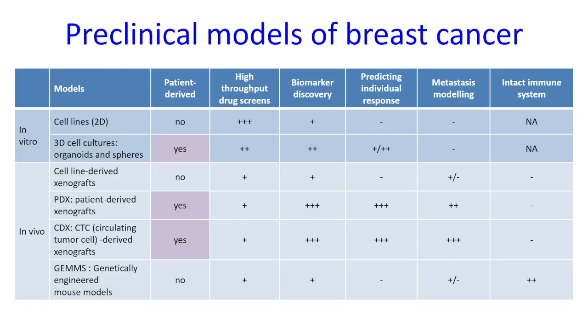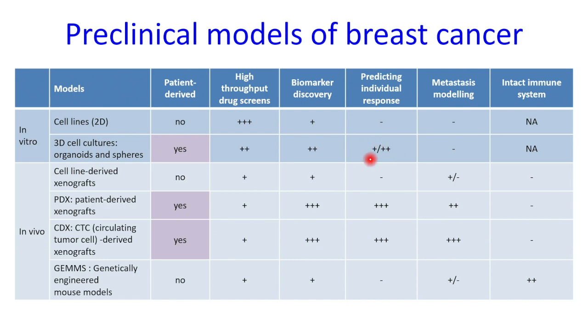This slide here, courtesy of Elisabetta Marangoni, summarizes some of the differences between using in vitro models and in vivo models, both cell lines and patient-derived models, but also the differences between 2D and 3D. You can see in particular, in vitro, you can do high throughput drug screens that you can't do in vivo, but those cell lines in particular are not going to be any good at predicting individual patient responses.